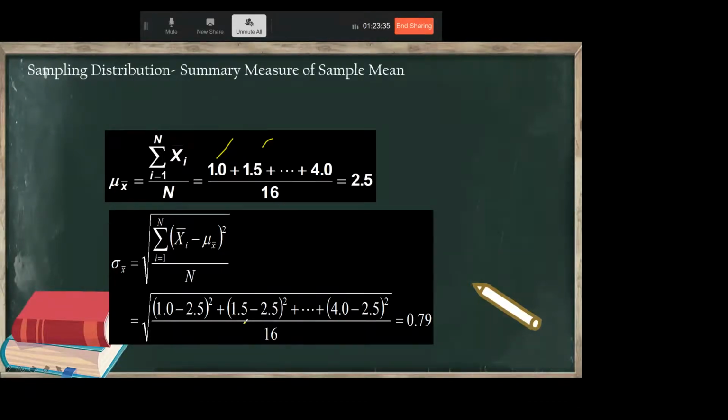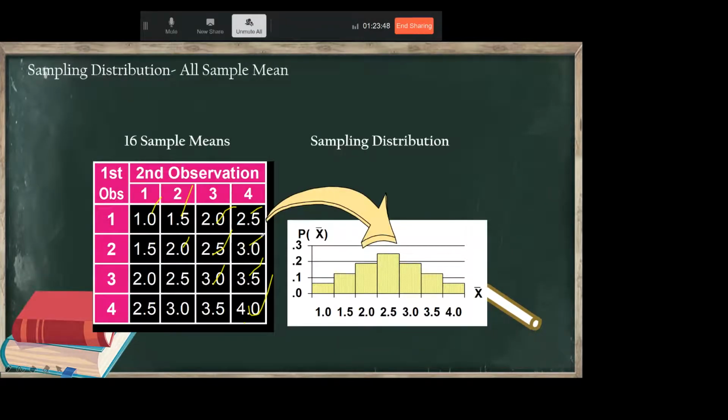You can just use the same formula as for the population, and sum up all these things, making the probability table.